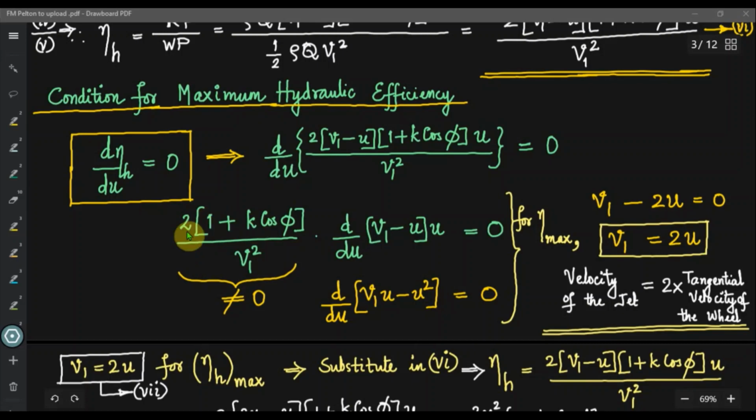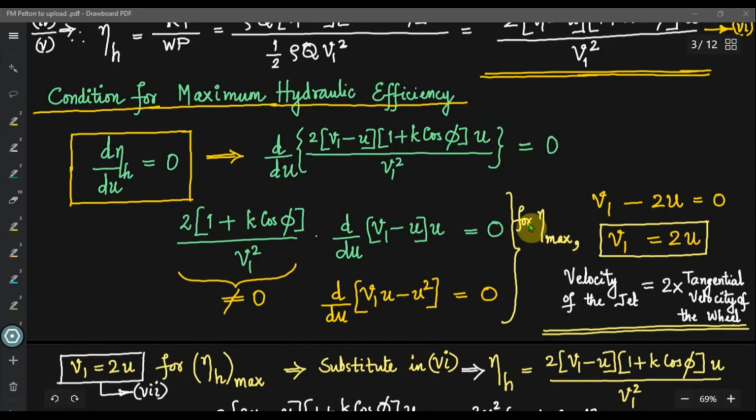Since this first part is not equal to 0, the derivative of the other part should be equal to 0. So d by du of, you expand the bracket, V1 u minus u square is equal to 0. So when you take the derivative, it will be V1 minus 2u is equal to 0 and V1 is equal to 2u. So this is the first part of the answer.